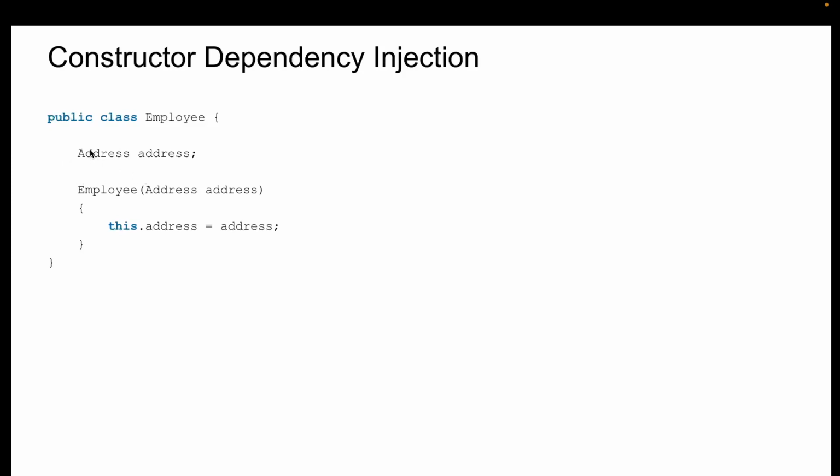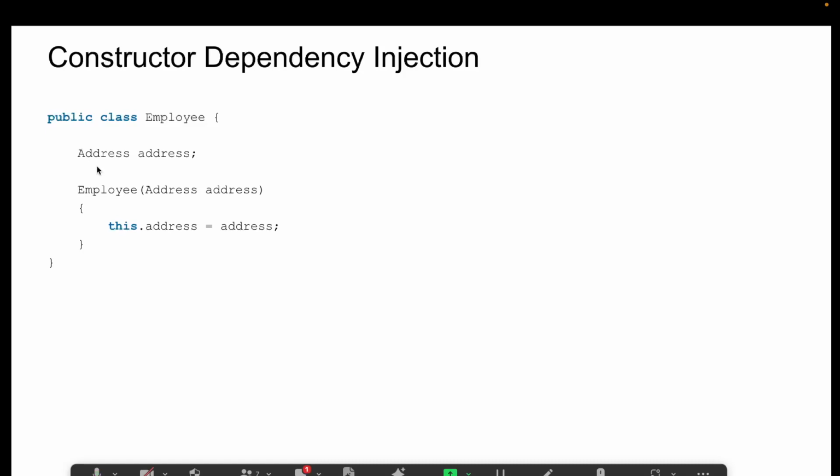See, if we do not have any access specifier specified before any data member, we have already known that that is of a default scope, right? We have already studied four scopes: default, private, protected, and public. If you do not provide anything like private, public, or protected, by default this is termed as default in Java.